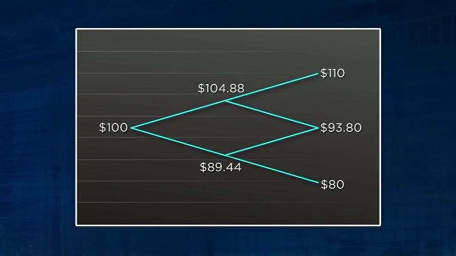By the way, each of the points that has 2 branches growing out of it is called a node. The tree starts with a node at 100. After a period, it has 2 nodes, one at 104 and one at 89.44. Then there are 3 final nodes. If the option lives on past this final period, the tree would continue to branch.